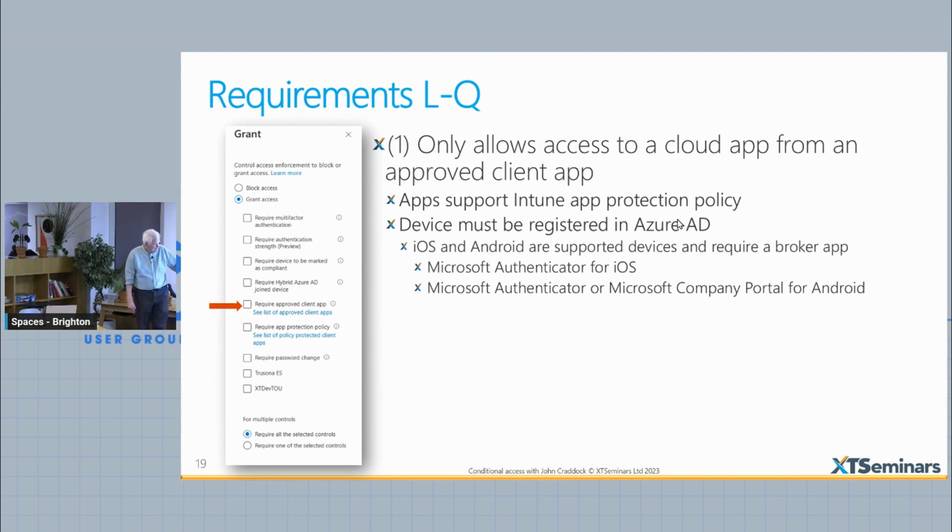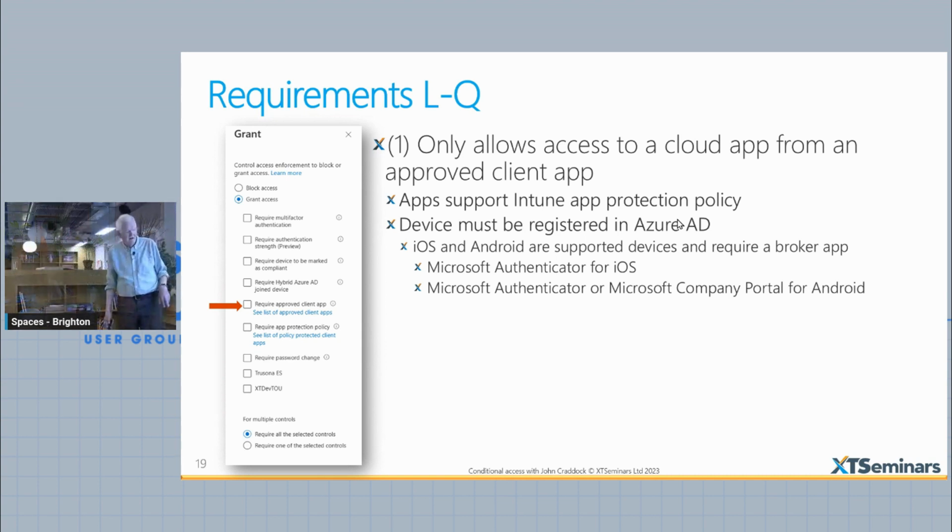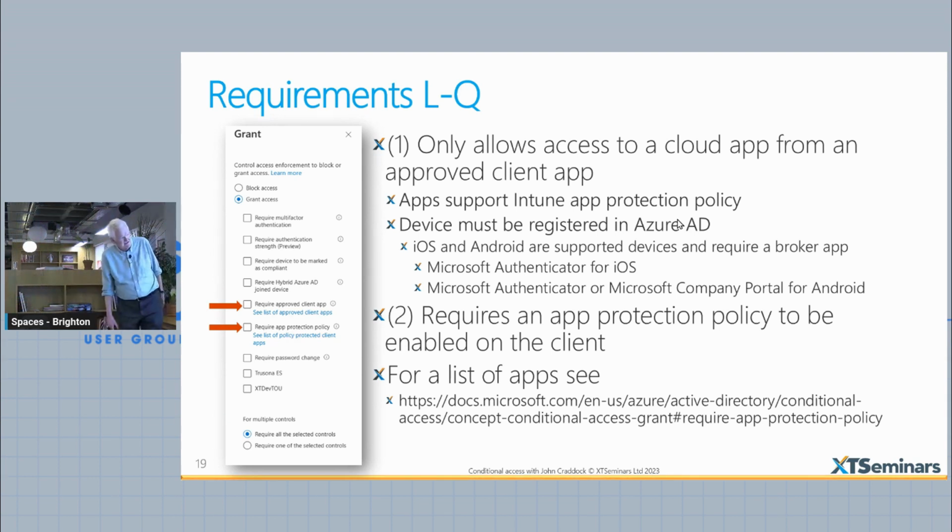Require devices to be marked as compliant. They need to be hybrid joined, so they're joined to Azure AD and on-prem AD, which gives you all the advantage of on-prem group policy and control from Azure AD. This one and the next one are slightly weird, and you think, what are these about? The first option is a set of clients that are capable of supporting an app protection policy. If you think about a mobile device, it can have both corporate data and the user's personal data.